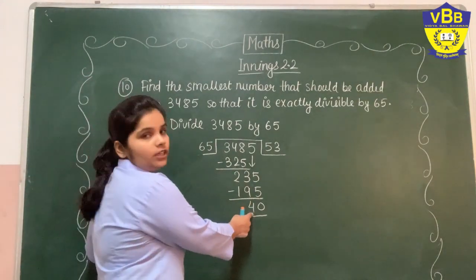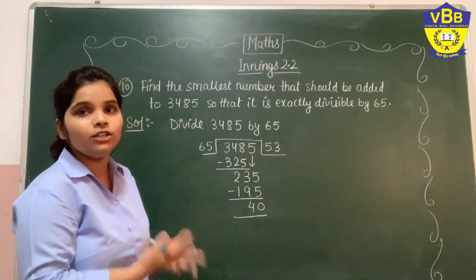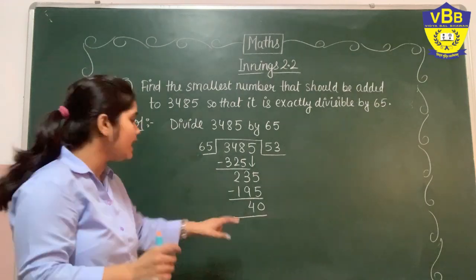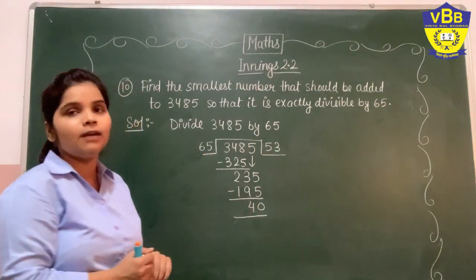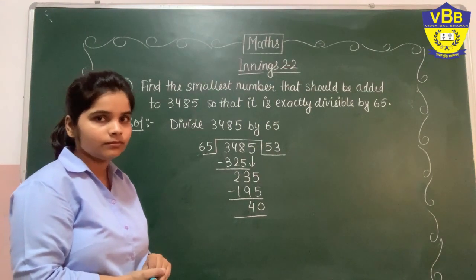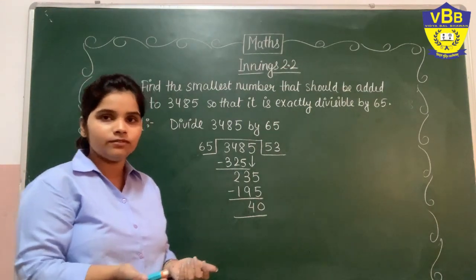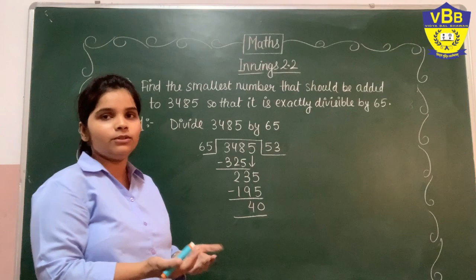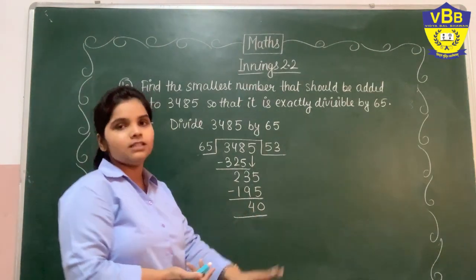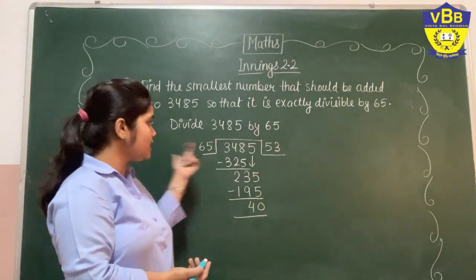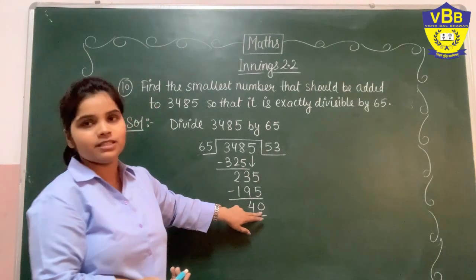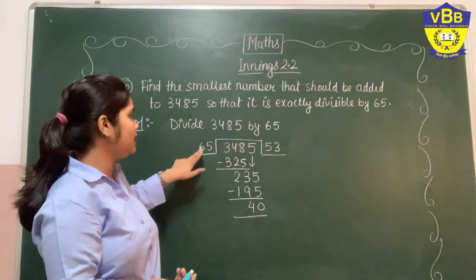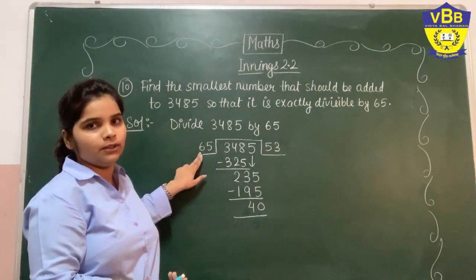To make this 40 into 65, what will you do? What number should be added to 40 so that it becomes 65? It will be 25. You can find the difference so that 40 plus 25 will become 65. If it is 65, it will be completely divisible by this number.